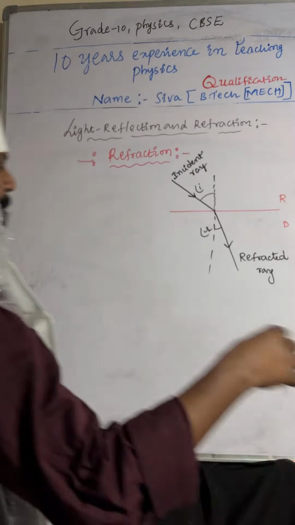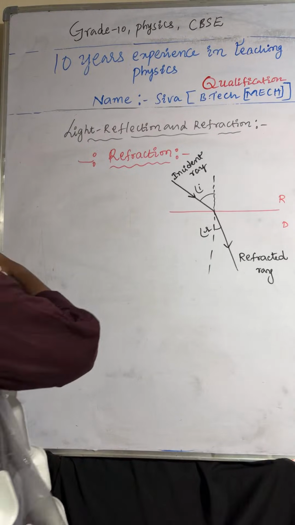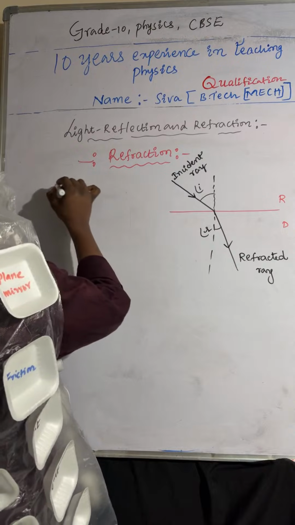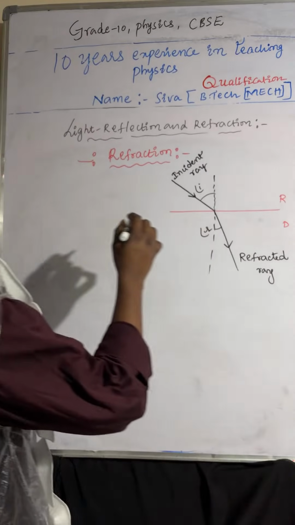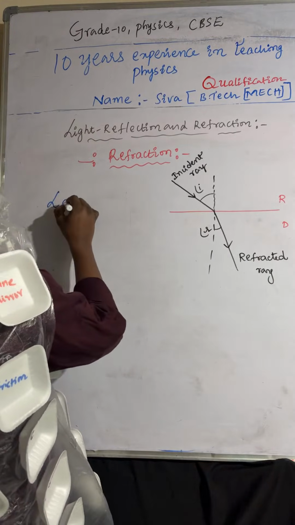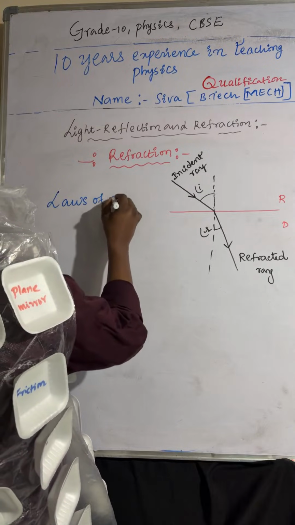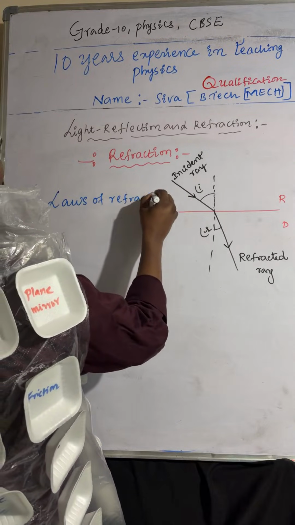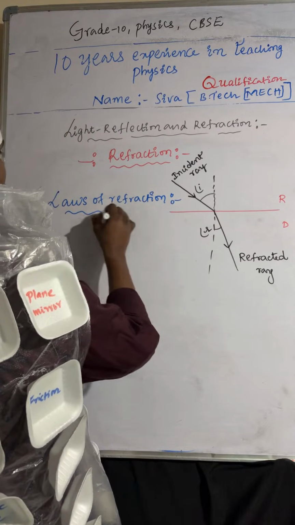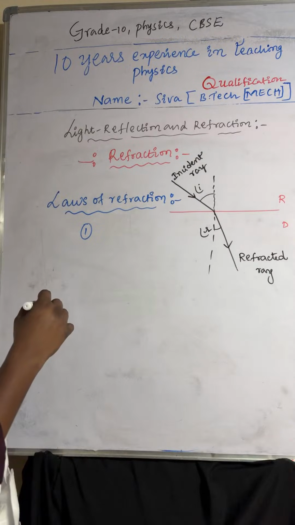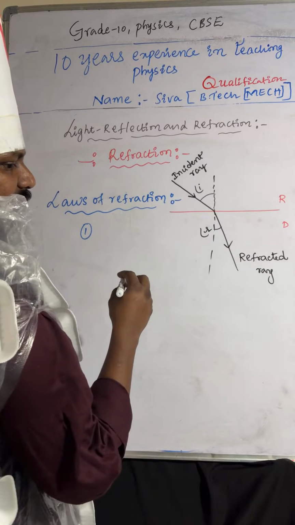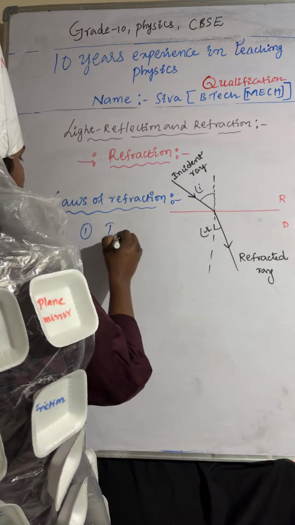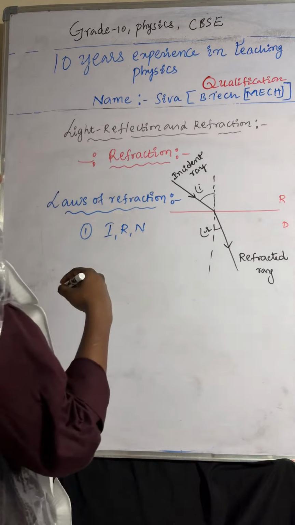Point number 1: the incident ray, the refracted ray, and the normal line lie on the same plane.